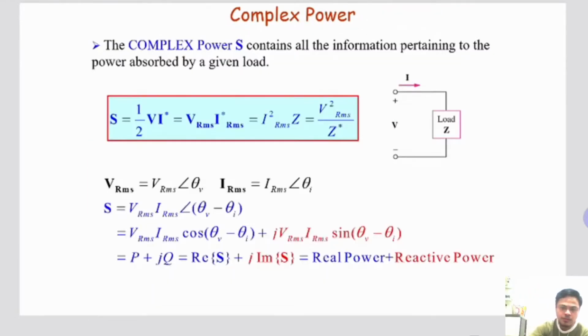So next, we're going to define the concept of complex power. Complex power contains all the information pertaining to the power absorbed by the load.